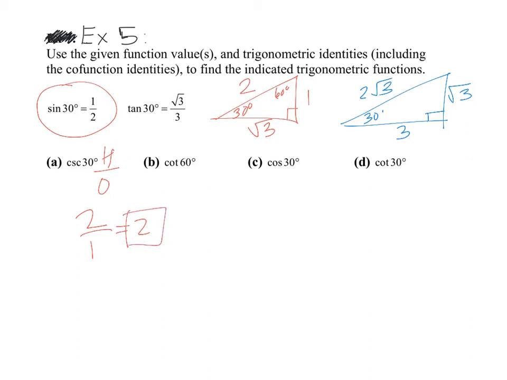Next one, I have cotangent of 60. All right, since I'm working with a 60-degree angle, I'm going to use that angle, and cotangent is adjacent over opposite. Okay, pay close attention here. Adjacent in this case is 1, and the opposite in this case is square root of 3.